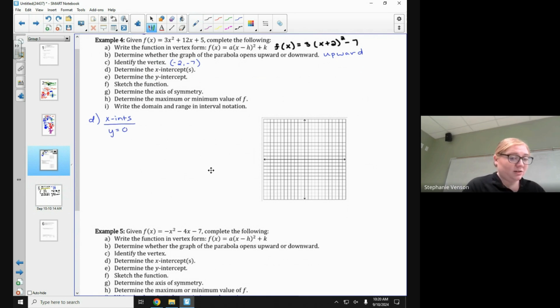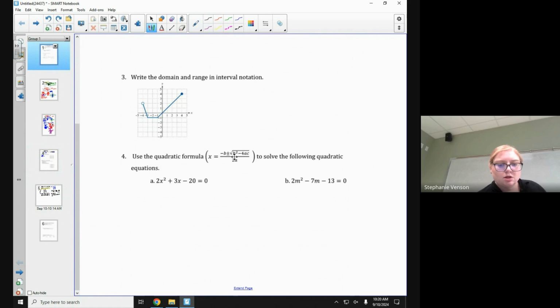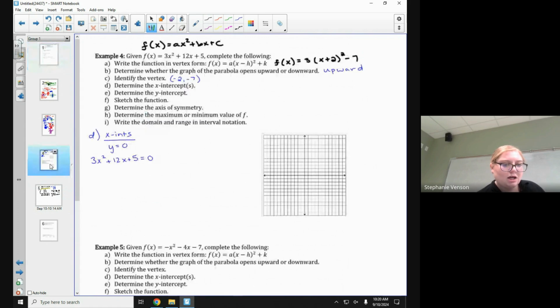Because, let's look at this. If we take the standard form of the function, 3x squared plus 12x plus 5 equals 0, you could try to factor that, but it's not going to factor. So in order to solve that, you're going to have to do quadratic formula, which you should have at least seen before, but it was on quick quiz number 4 right here, and you practiced it with these two.